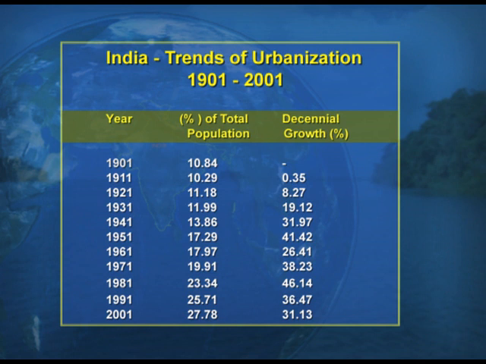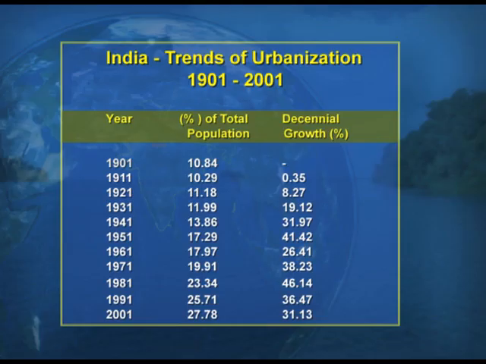Now, look at the screens children and you will see the trends of urbanization from 1901 to 2001. There are two columns besides the census years. If you look at the table, the first column tells you about the percentage of the total population and the second column tells you about the growth of the population in that particular census year.